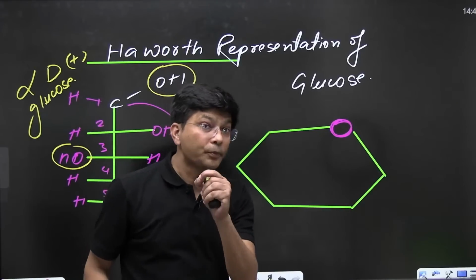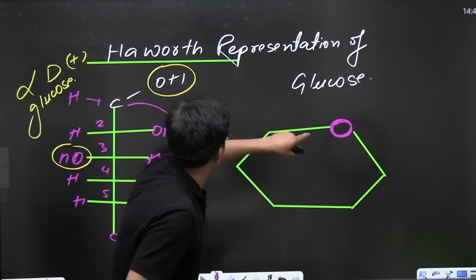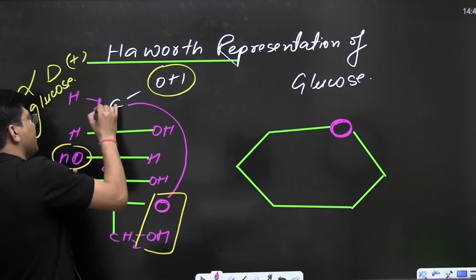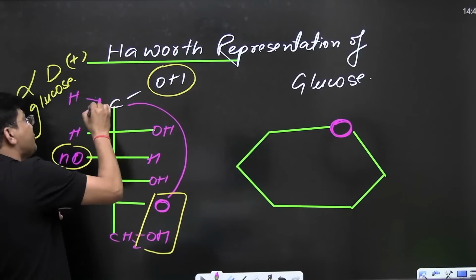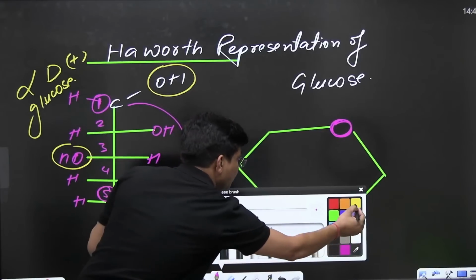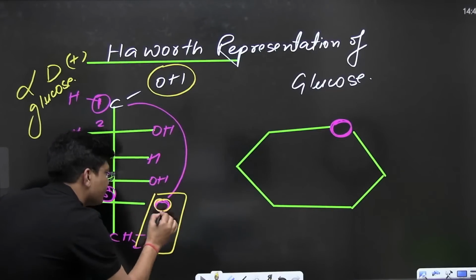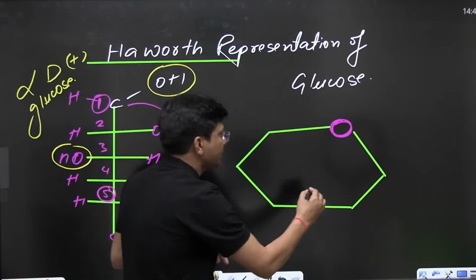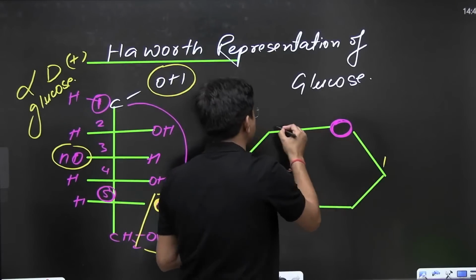This is the most important thing. I'm talking about this oxygen. It is joining the first carbon as well as the fifth carbon. It is a bridge between first and fifth carbon. Just focus over here, my dear students. This oxygen is acting as the bridge between first and fifth carbon. So let me say this is your first carbon and this is the fifth carbon.